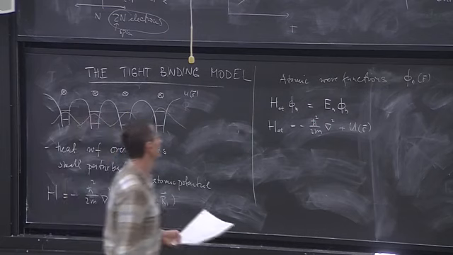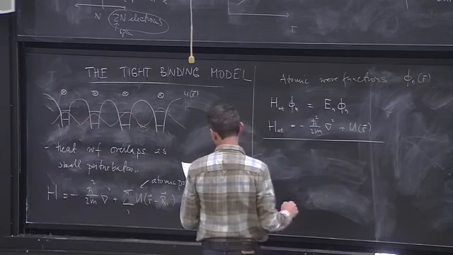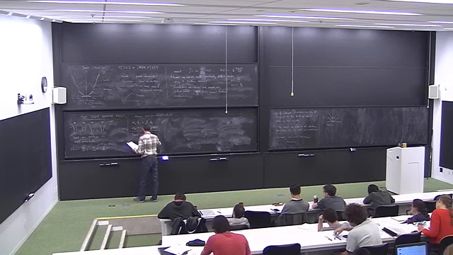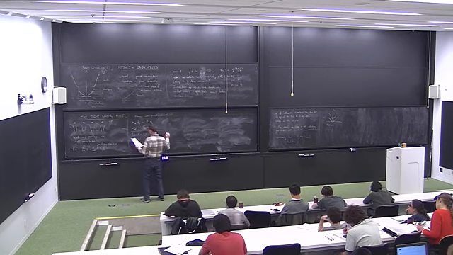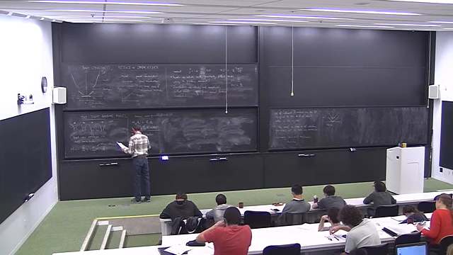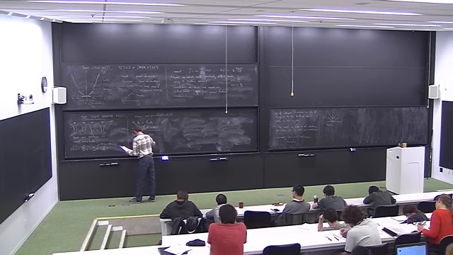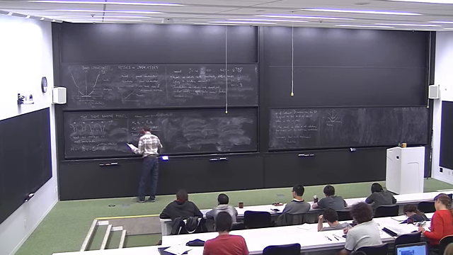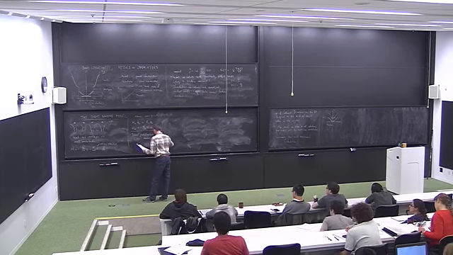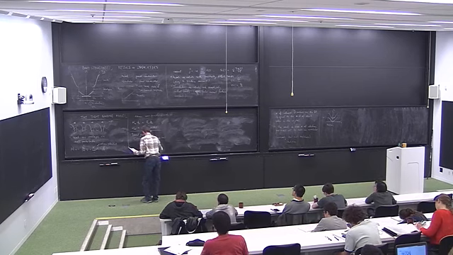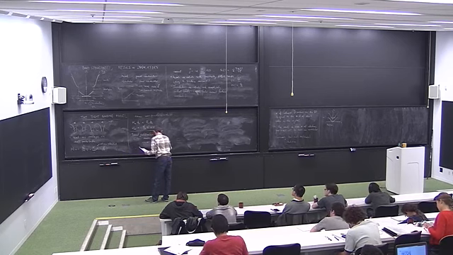Okay? So let's move to second quantization. And in second quantization, let's define an operator c dagger n, R i, as the one that creates an electron in orbital phi n of r minus R i.